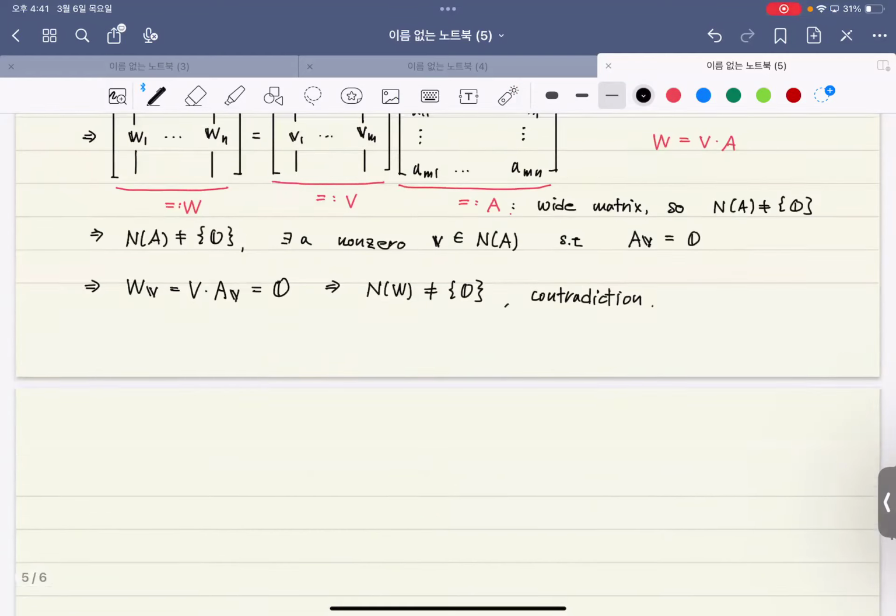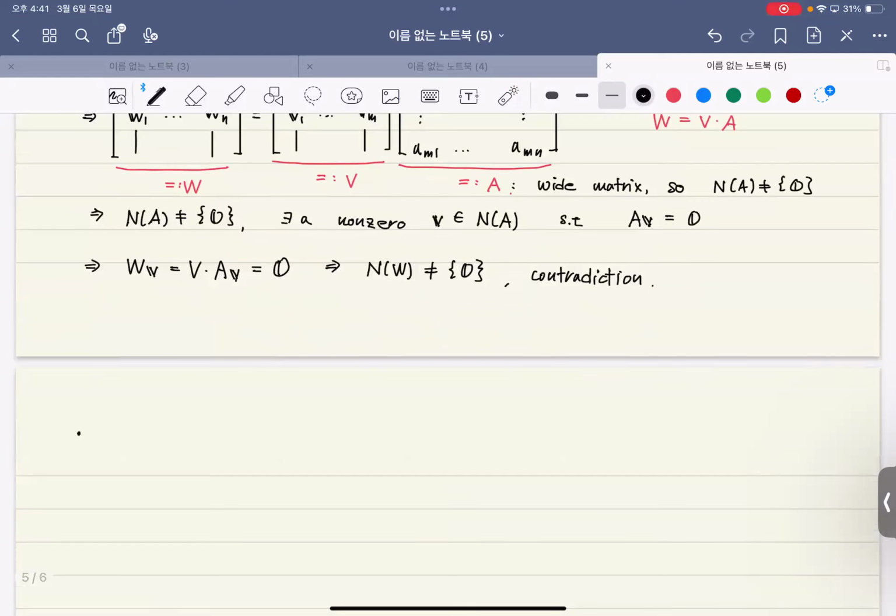What now? Now, suppose that n is less than m. In this case, I can apply exactly the same trick. You can set up a matrix equation V equals W times A, and we can derive the same contradiction.